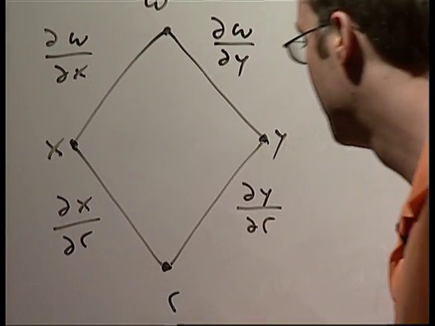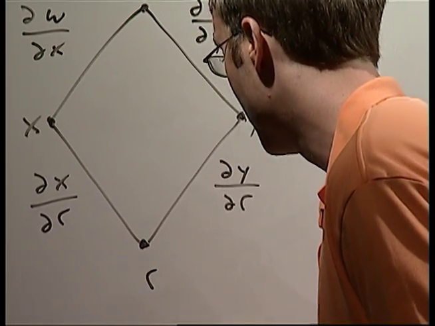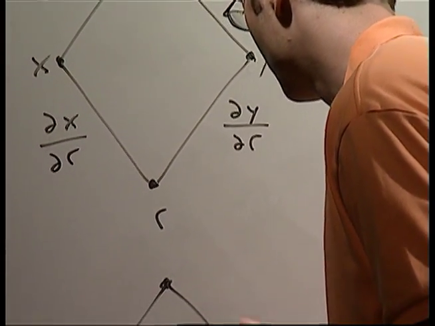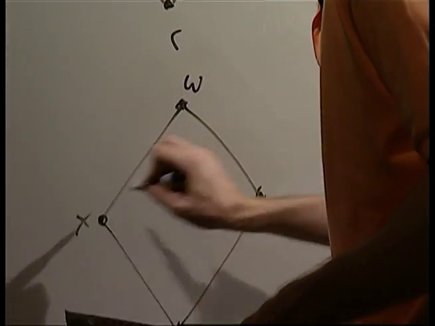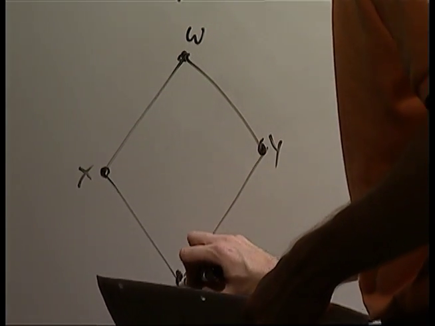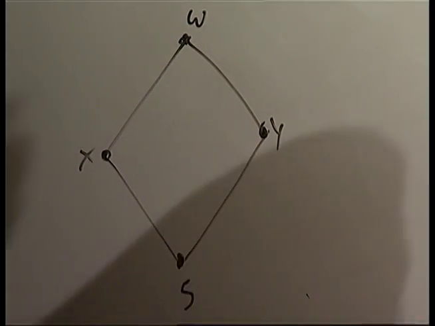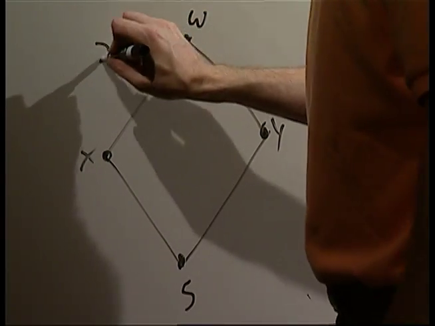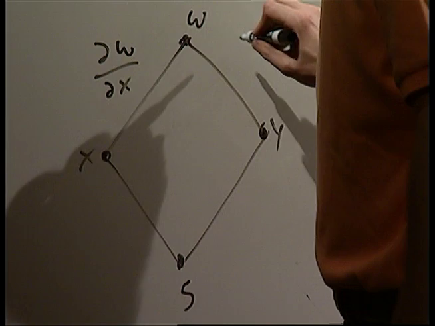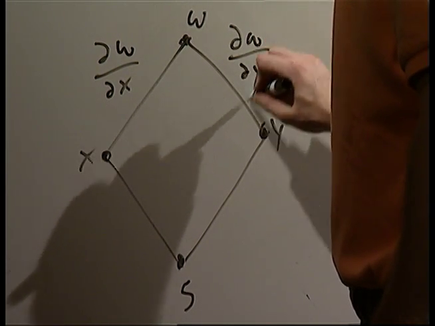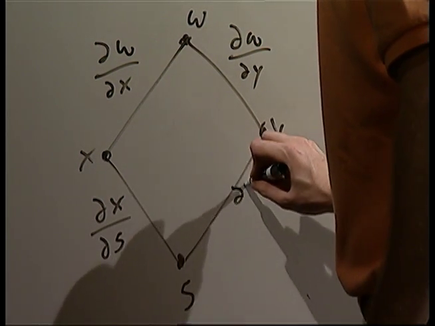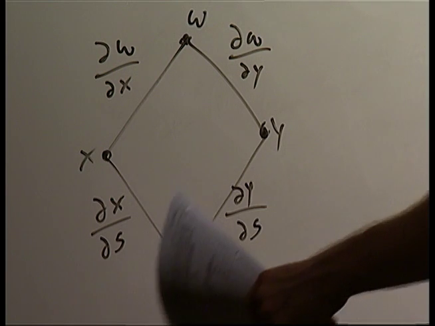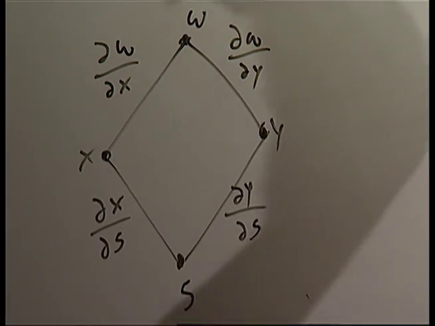And we also have the same picture, just with a different closing point. So W, X, and Y are all the same. Down here is S, though, the other independent variable. So partial W partial X, partial W partial Y. Down here, partial X partial S, partial Y partial S. Right? You have both of those guys, right?